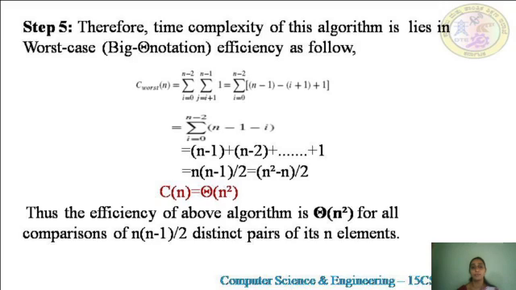which is equal to sigma of n minus 1 minus i, where i is equal to 0 to n minus 2.